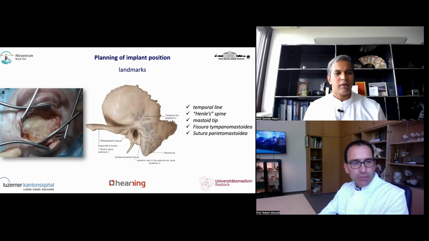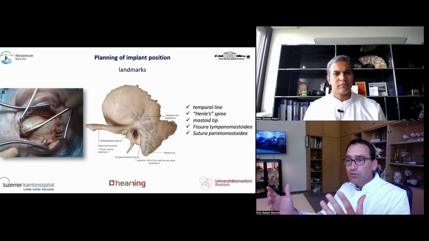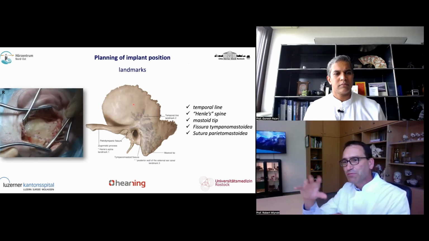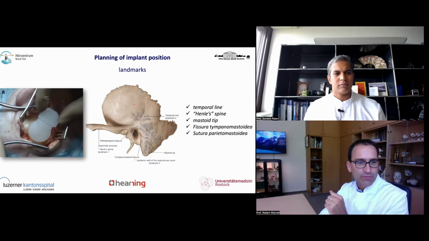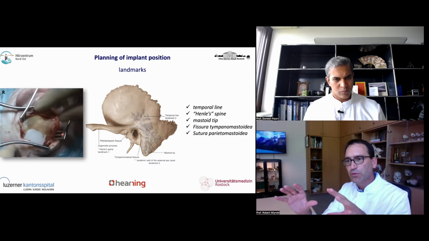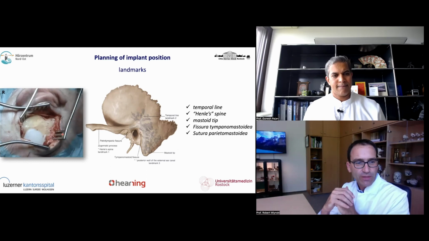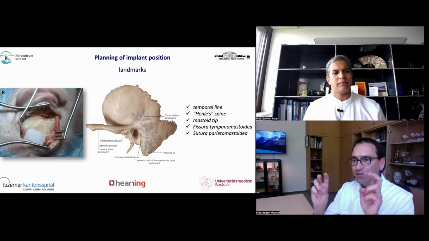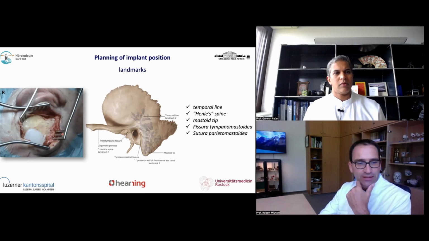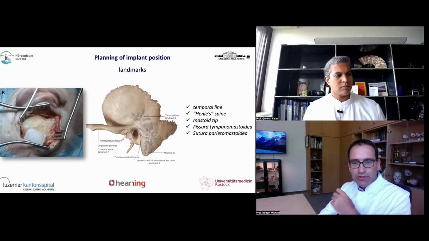I mean, the problem always is if you draw a picture on the patient, and once you have placed your retractors, which I think is also important, how to place the retractors so you always have maximum view on the temporal bone. How to find this position back on the temporal bone. I think it's important to identify certain landmarks, which is of course Henle's spine.